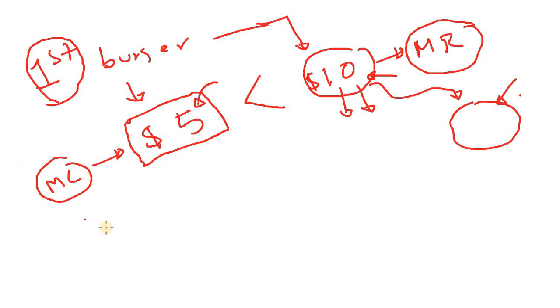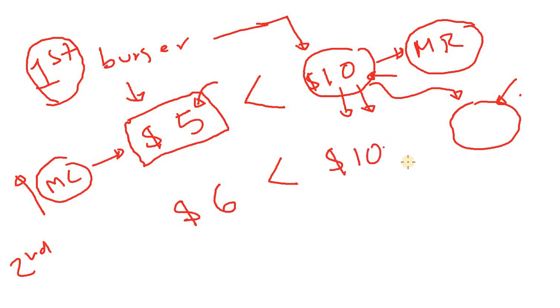But please remember, as you produce more and more burgers, the marginal cost will increase. So let's say when you make the second burger, according to theory, the marginal cost is likely to increase to $6. But you're still selling the burger at $10, so that's still good. You can make $4 of profit from this second burger because you get $10 and you're spending only $6.